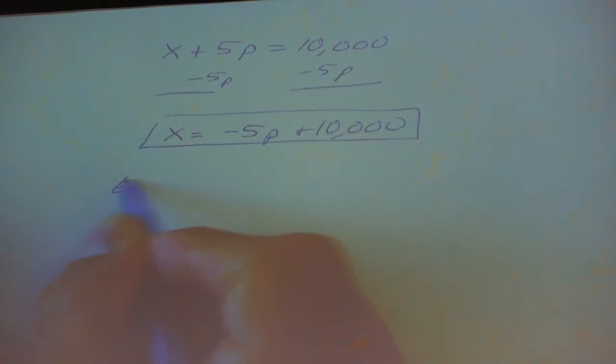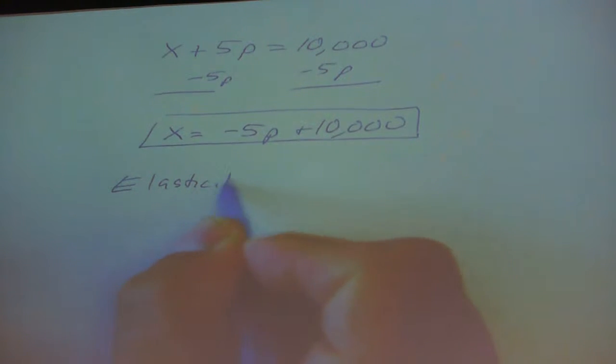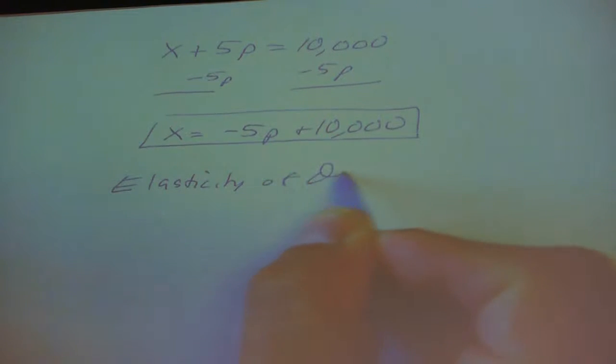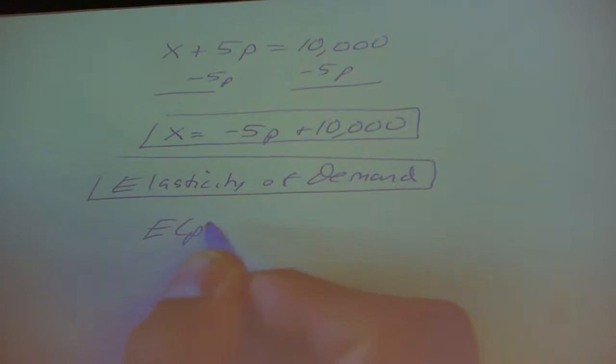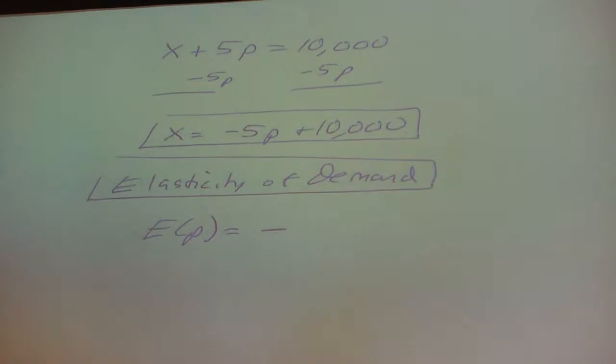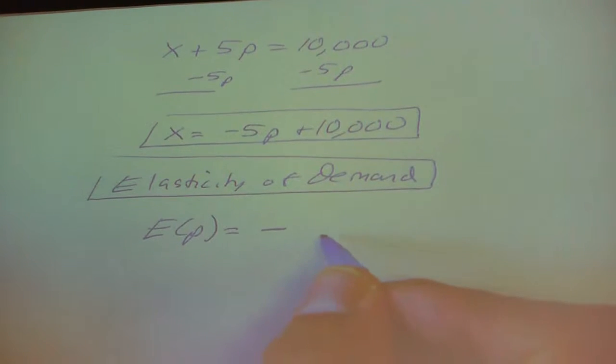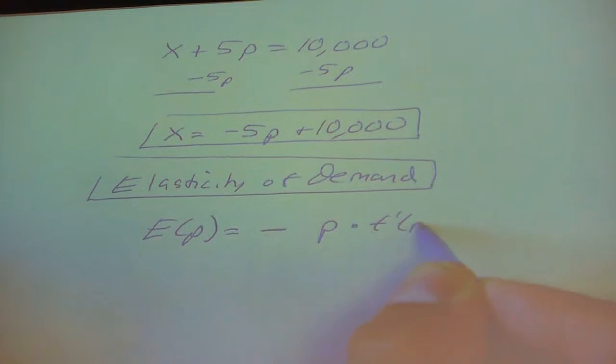Now, to find elasticity of demand, here's another formula that you need to know. To find elasticity of demand, E sub P, we take negative. It always starts with a negative. We take P for price times the derivative of the function over the original function.